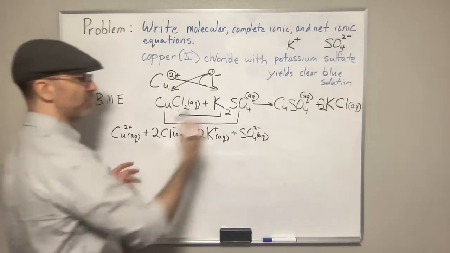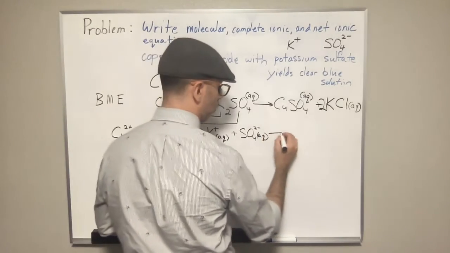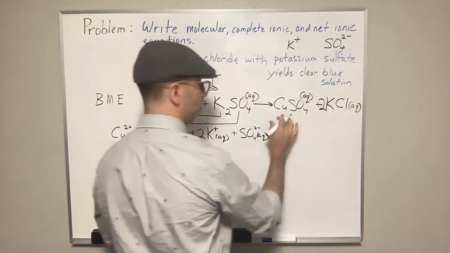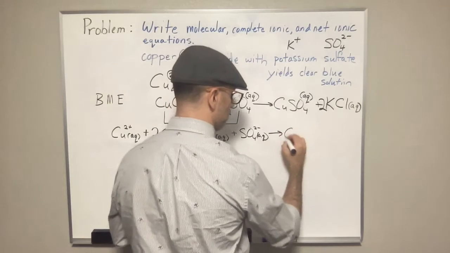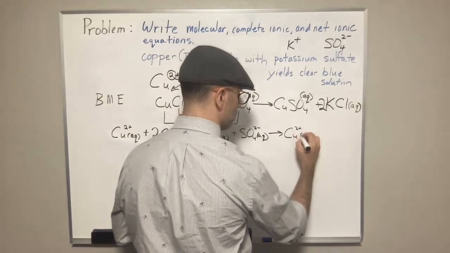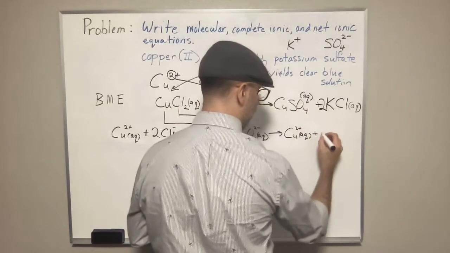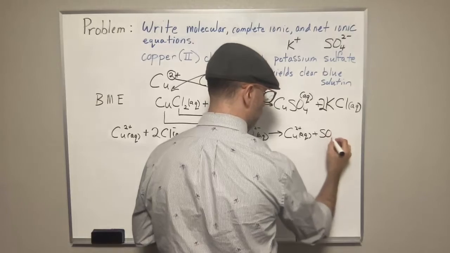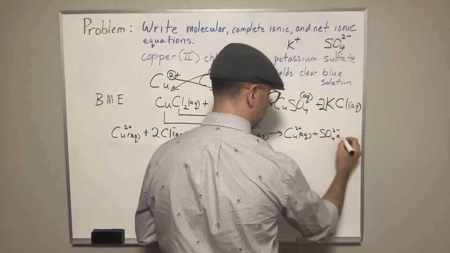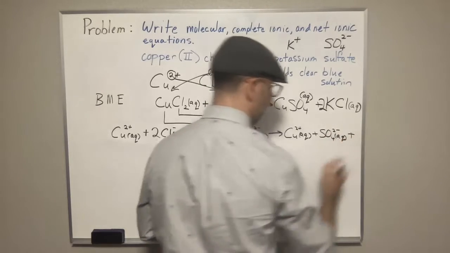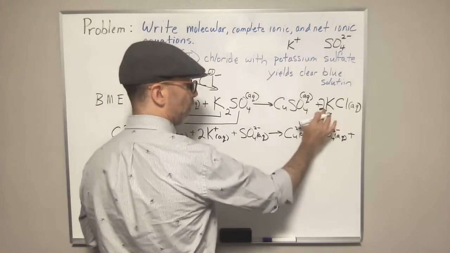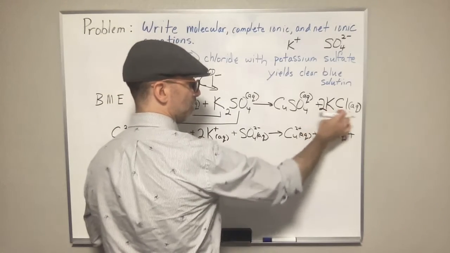And then we're going to do the same thing for our products. So this is going to come apart. So we got 1 copper. So this is Cu2 plus aqueous. And then we got our sulfate. So we're going to add that. So we got 1 sulfate, SO4 2 minus aqueous, plus, and then we put this apart. Now we have 2 potassium chlorides.